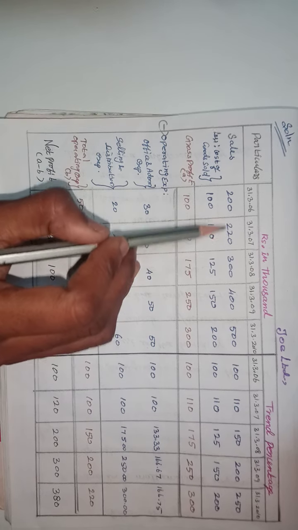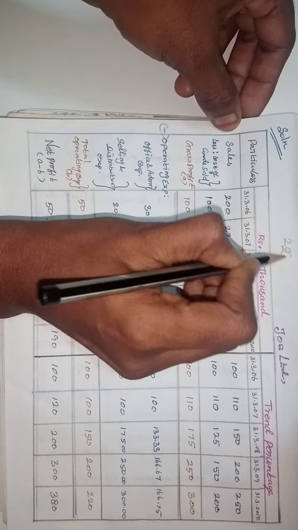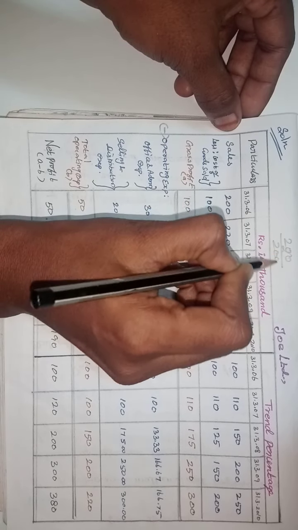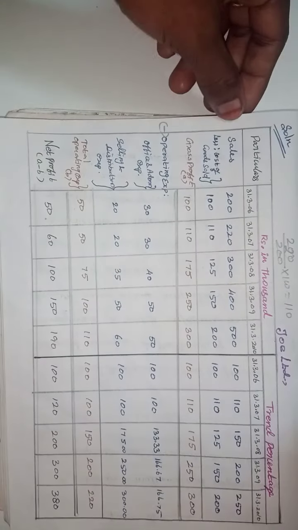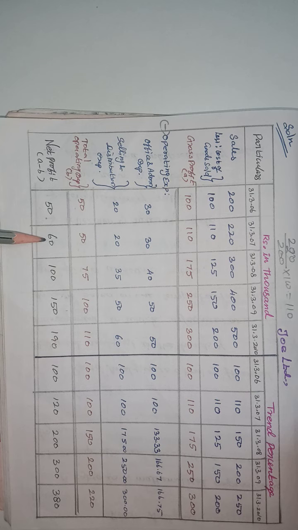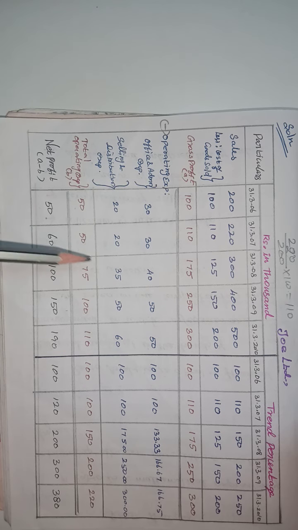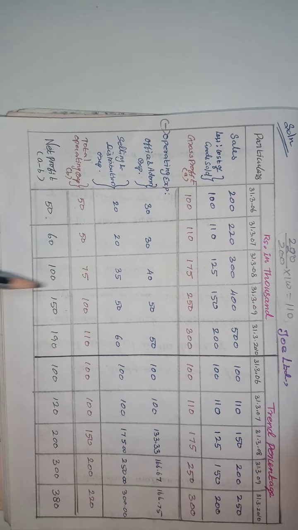Then the second year is 220. Then 220 divided by 200 into 100 equals 110. So this is the basis for all the items, and it applies to this type of calculation. So this is how we find out the trend percentage or trend analysis.